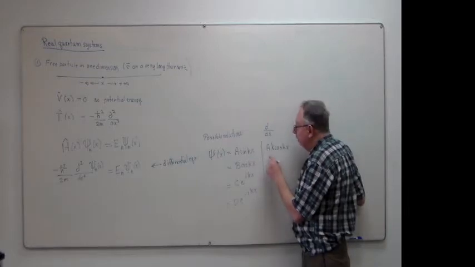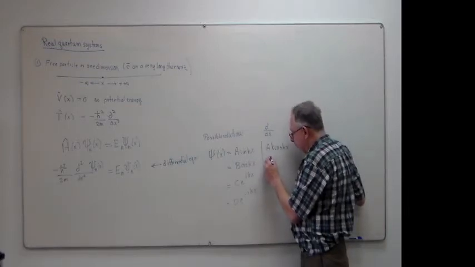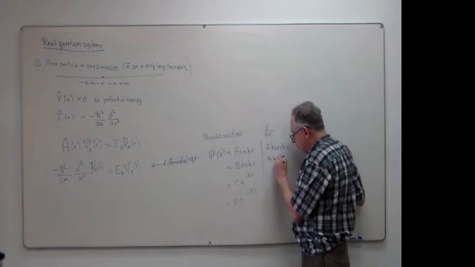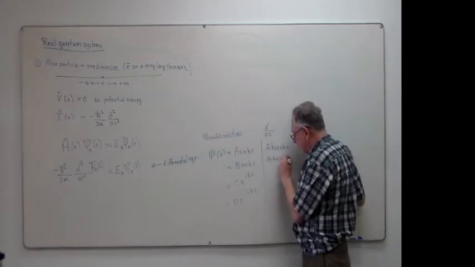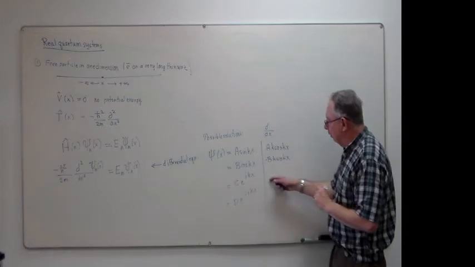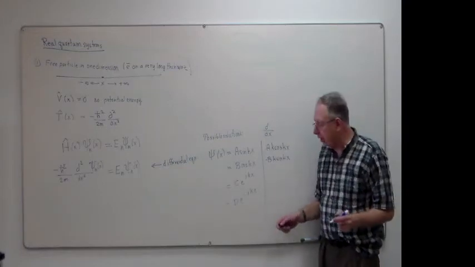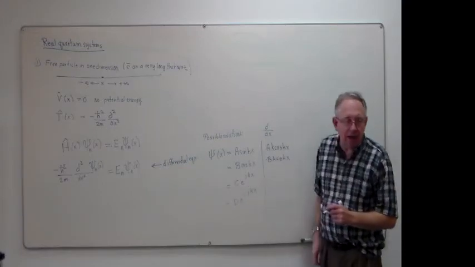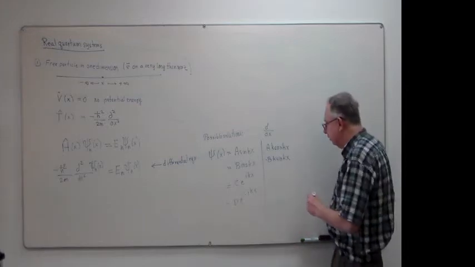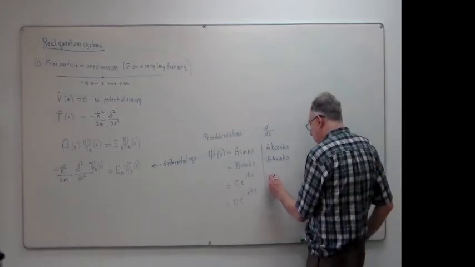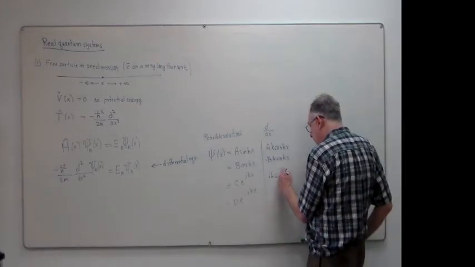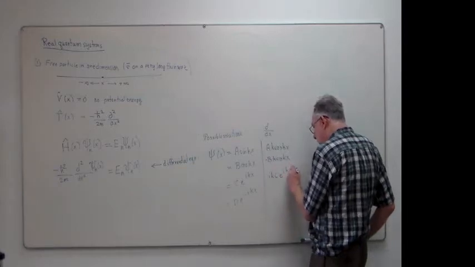It's going to be negative B k sine kx. What's the first derivative of C e to the ikx? ik C e to the ikx, exactly right.